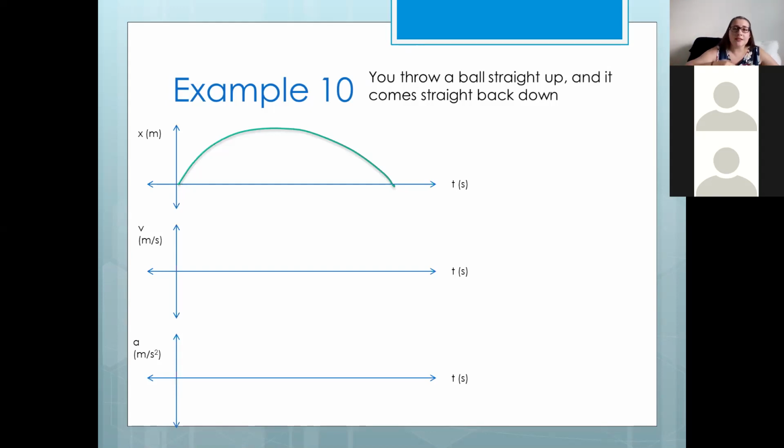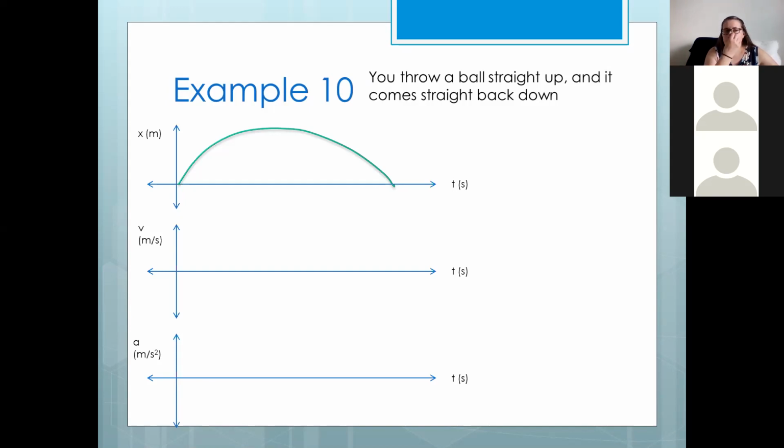That just means that time is passing. And what we're doing is we're throwing the ball straight up in the air and then catching it again. It's coming straight back down. Well, as the ball is going up into the air, it's slowing down until it reaches the top, and then it speeds up as it falls back down into your hand.